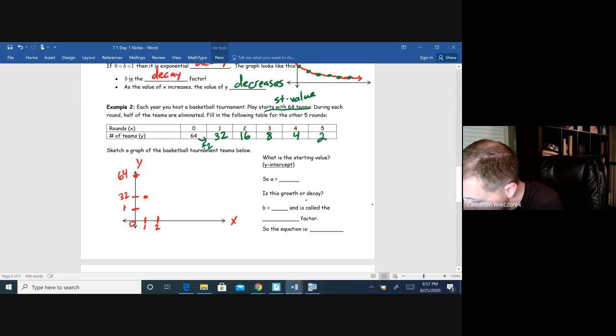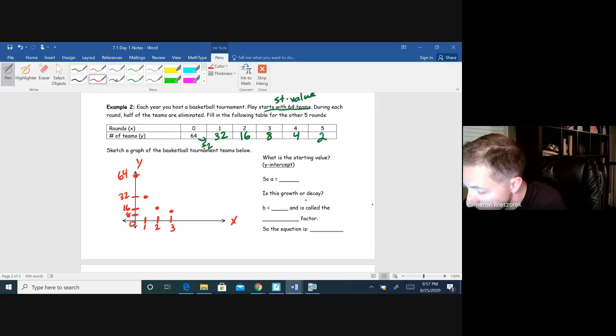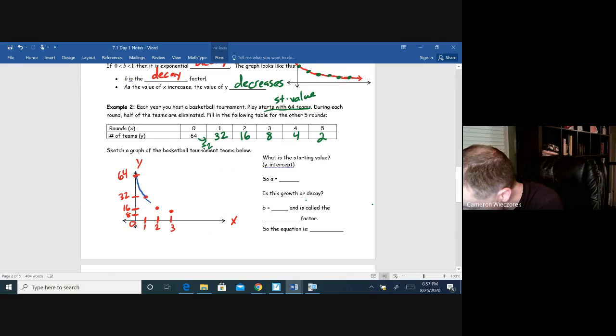So I'm going to cut that in half again. And then after round 3, cut it in half again. There's 8. And you can see what's going to happen is you're going to get an exponential decay in this case. Keeps going down, down, down, down, down. There's my graph.